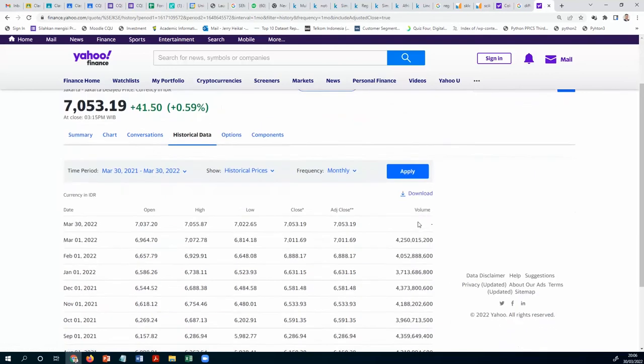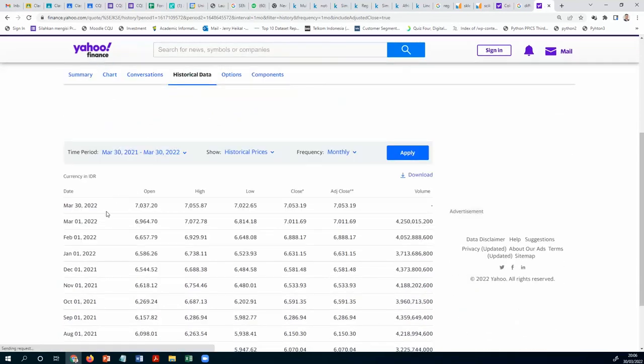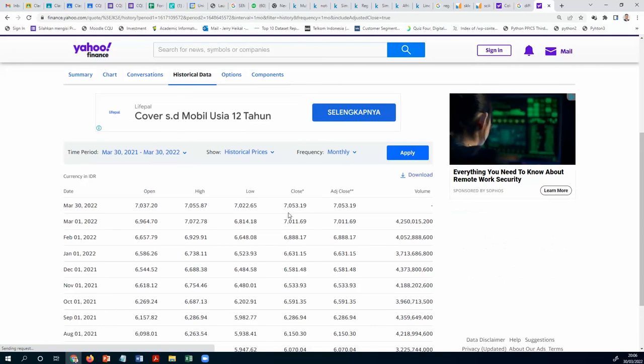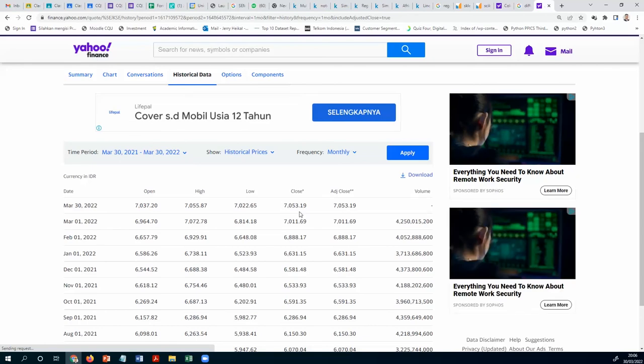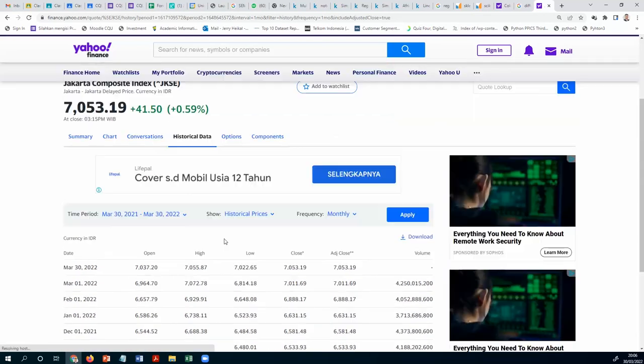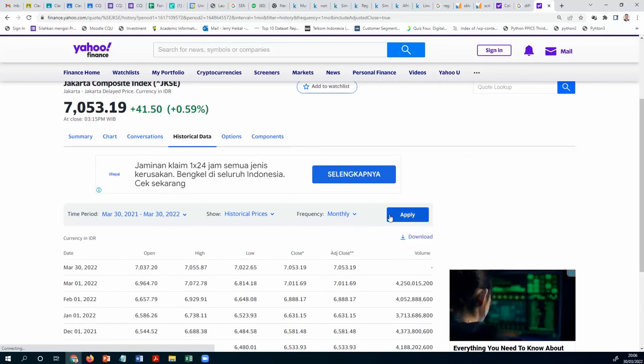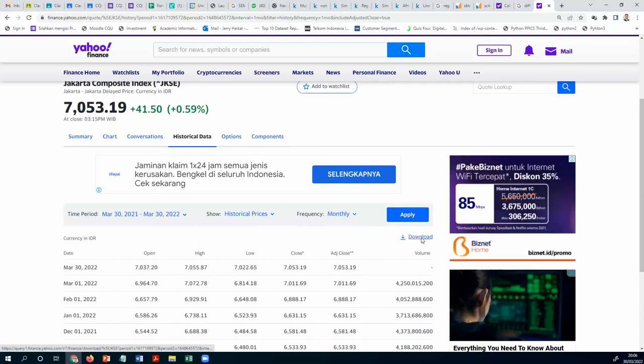So you can see that the monthly close is this. Wow, it is breaking the 7,000. So closing on March 30, 7,050. This is the data for 1 year. If you want to see a period of more than 1 year, you can see 5 years and so on. You can do it later on. So apply, download the data.